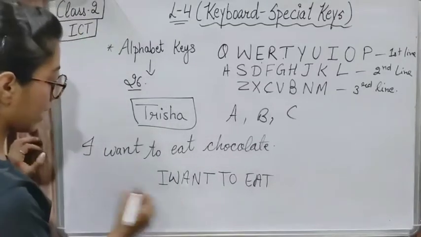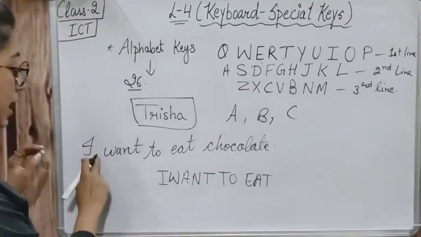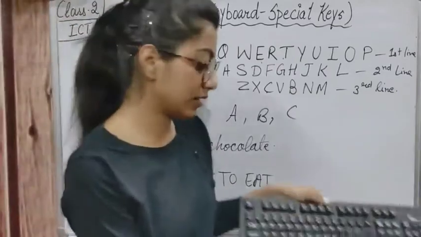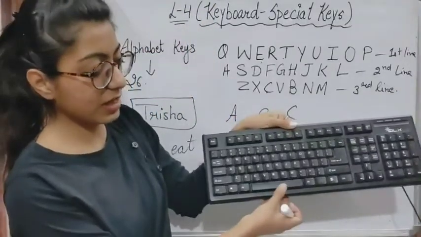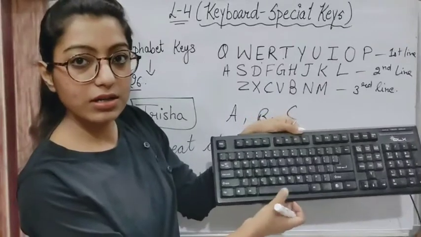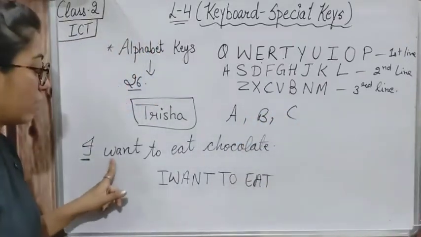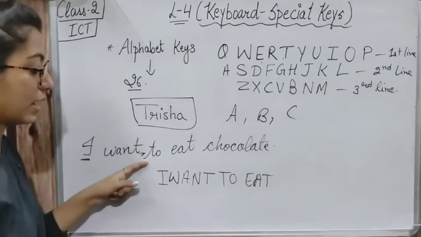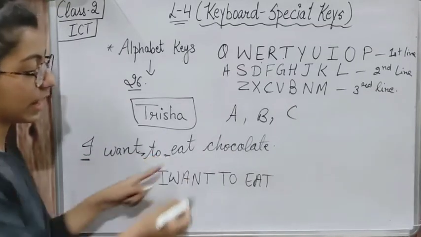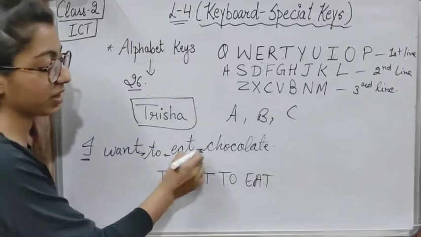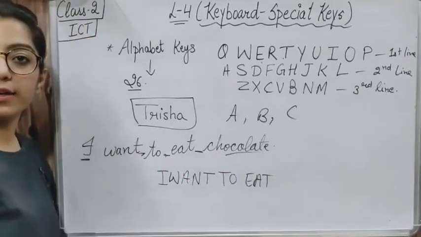This is the space bar जो बीच में space आ जाता है. This key is known as space bar. So space bar, then want, then space bar, then to, then space bar, then eat, then space bar, and then write chocolate.